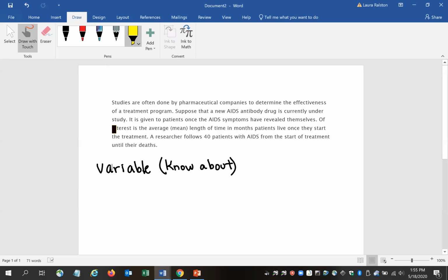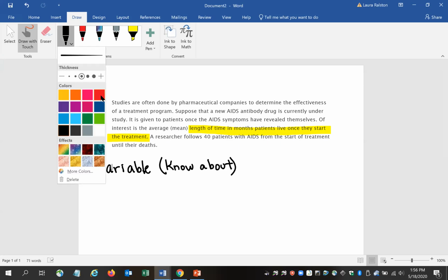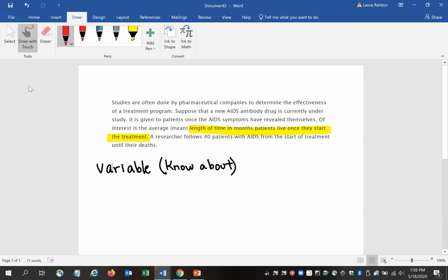So that must be what I want to know about: the average mean length of time in months patients live once they start the treatment. Now when you talk about average or mean, that's the measurement. What I want to know about is how long the patient lived once they started this treatment.